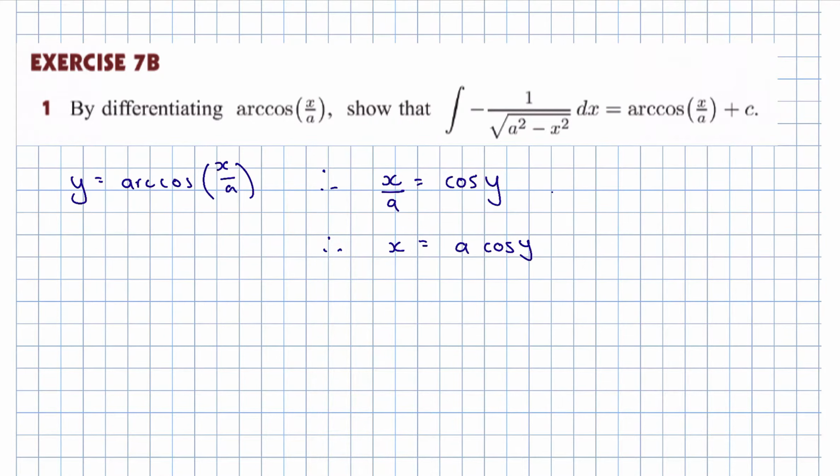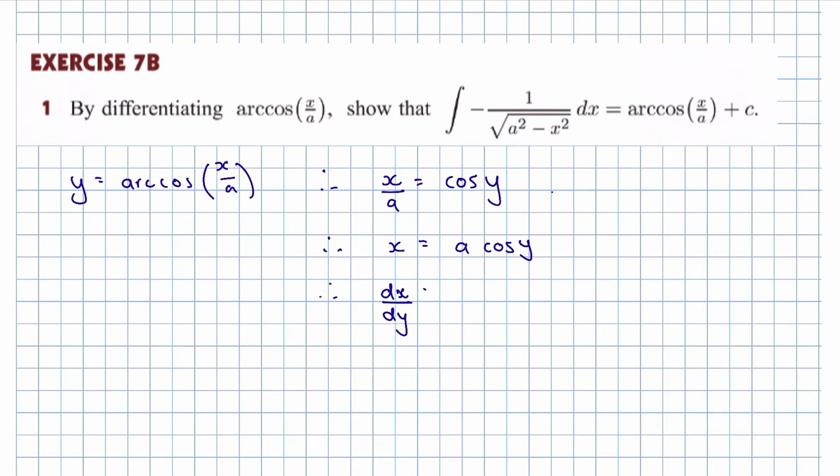cosine y. Okay, and we can find the derivative of that quite easily, remembering from the previous video that we're now finding dx dy, the derivative of x with respect to y. Okay, it's the opposite to what we've always been doing all this year, so just really concentrate on what you're doing there.